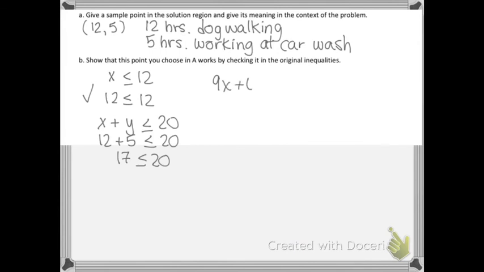9x plus 6y is greater than or equal to 126. Nine times 12, I believe that's 108.